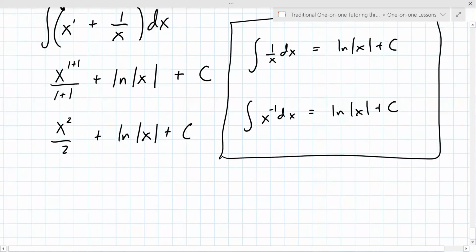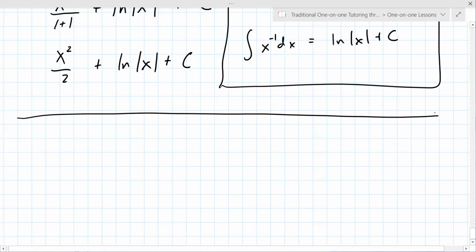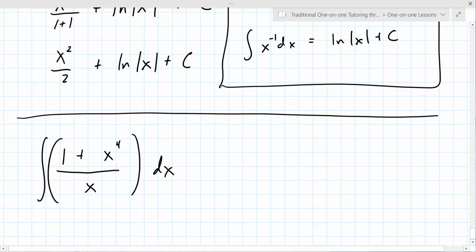Okay, so let's have you try one here. Integral 1 plus x to the 4th over x dx.